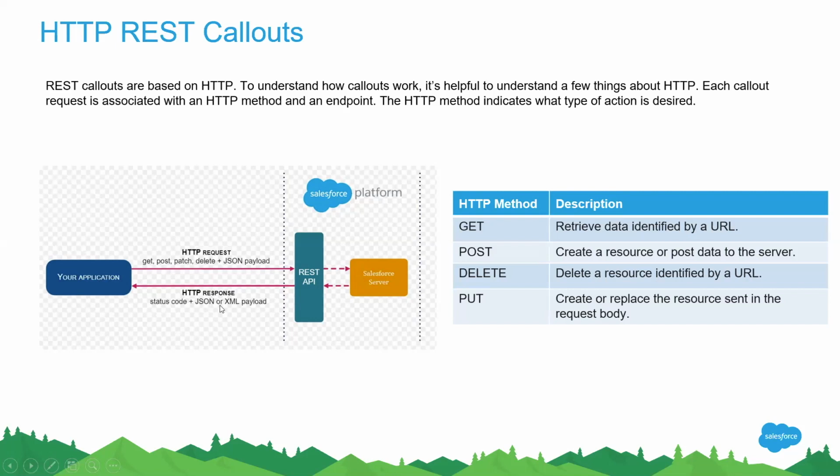The response could be in JSON or XML format. Whenever you want to hit Salesforce from a third-party application, you provide an endpoint URL, say whether it is a get or post, define all those methods, and define the data format that you want to send.